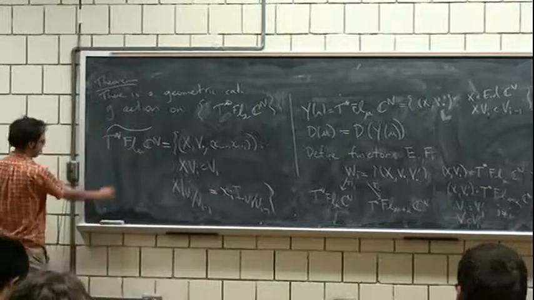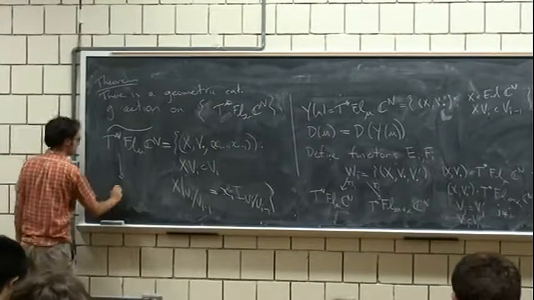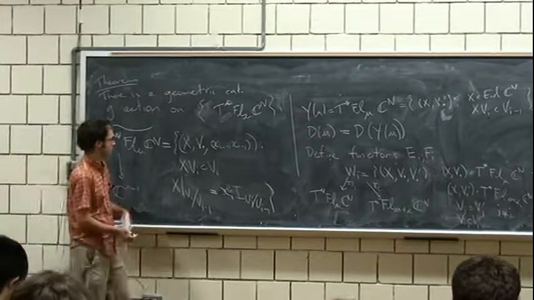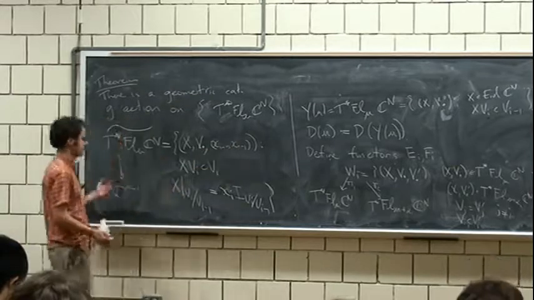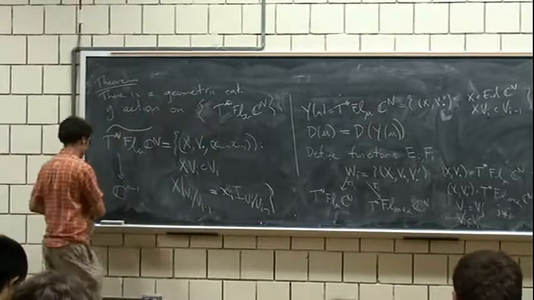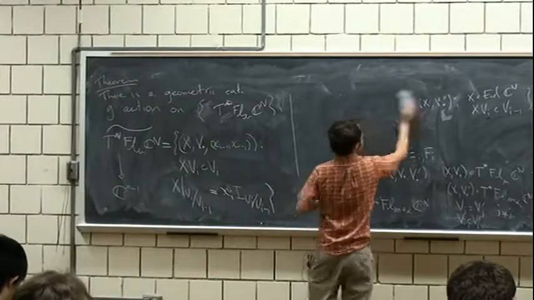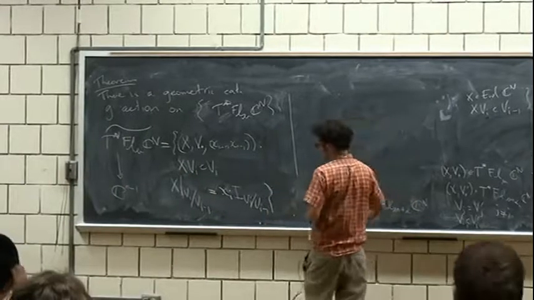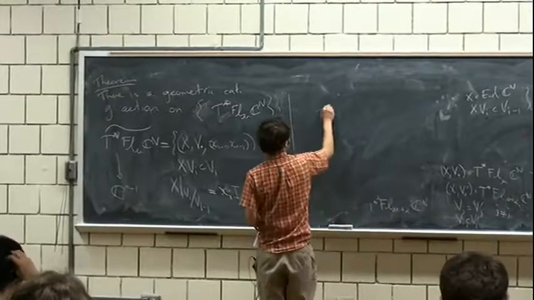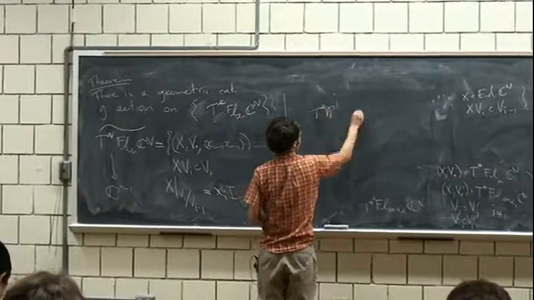So this thing clearly maps to the space C^n, and this is a deformation. So the simplest example of this, from a geometric point of view, is you can take a cotangent bundle of P1, and you can deform it.